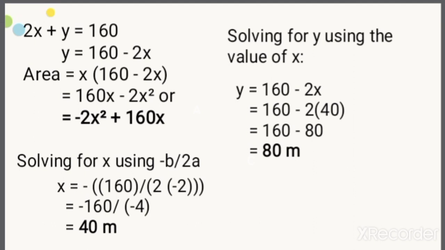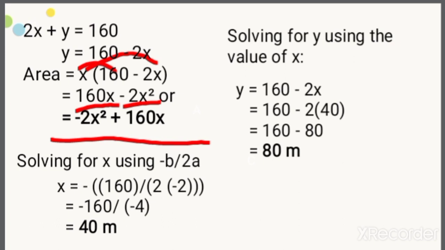After that, we distribute the x to the 160 minus 2x. So x times 160 equals 160x, and x times negative 2x equals negative 2x squared. Our result is negative 2x squared plus 160x.